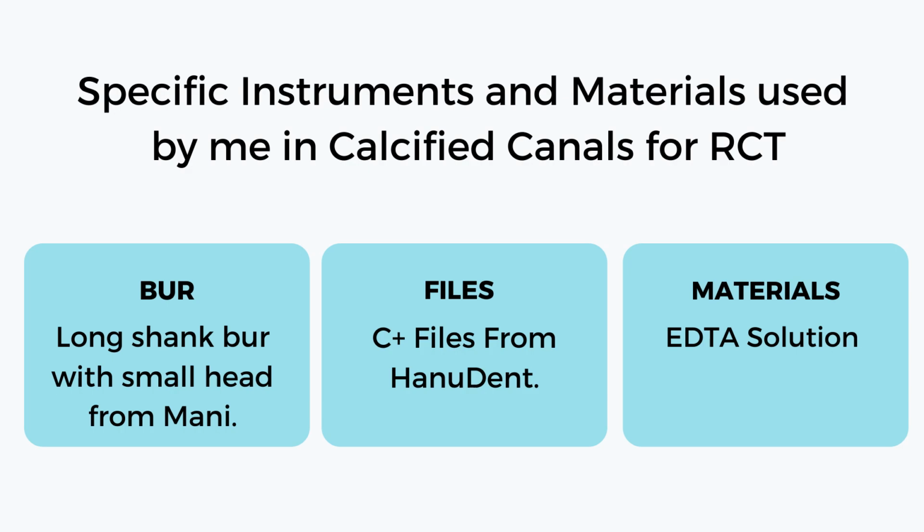The small head helps me visualize the cutting area better and distinguish the white calcified stone from the yellowish dentinal walls. Once I reach the canal orifice, I use C+ files from Hanudent for moving down the calcified canal. I also use copious amounts of EDTA solution to soften the calcified area.